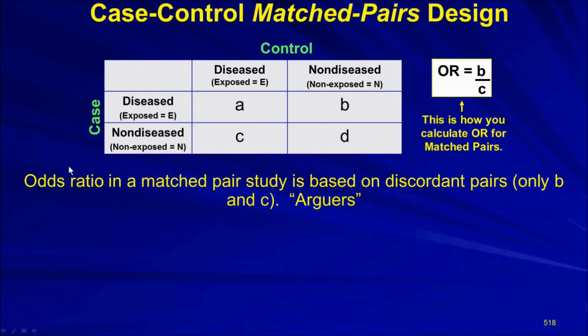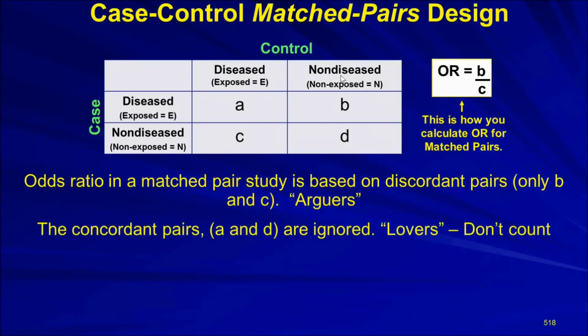Okay, and odds ratio in a matched pair study is based on only B and C are the arguers, those that don't get along, those that are discordant. Now, further, the concordant pairs I mentioned are A and D, and we ignore those. They're not going to provide us any information because they agree.